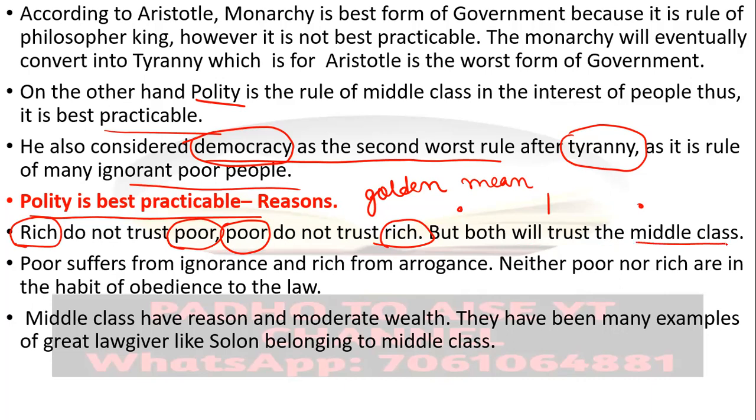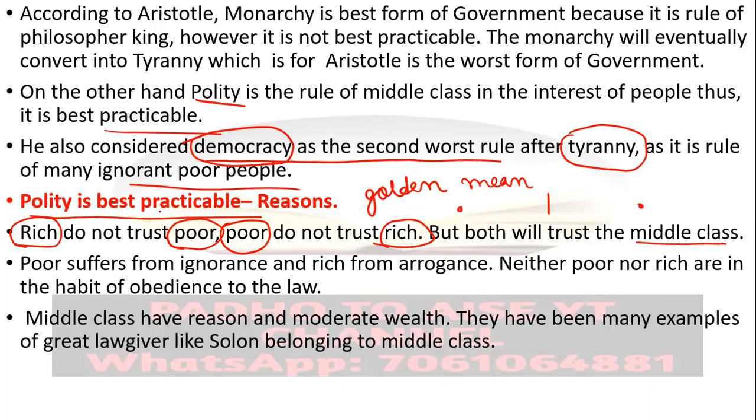So this will give stability to the state. That is why polity is the best form of government, and stability is a very important cause for Aristotle. Stability should be there in the state. If there is no stability, there is no prosperity in the state. So stability and order is the first thing which Aristotle or any political thinker wants to establish in a state.